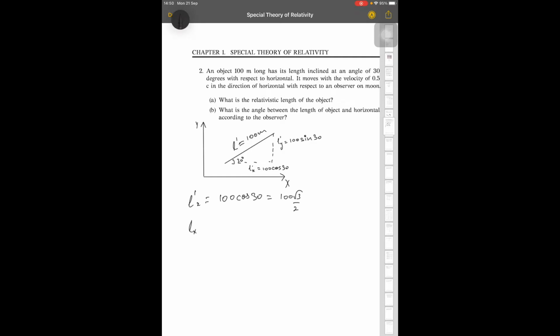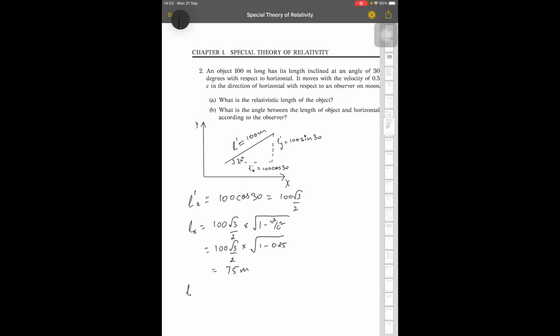Now Lx equals 100 root 3 by 2 into root of 1 minus v square by c square. When we plug in the value for v, we get 100 root 3 by 2 into root of 1 minus 0.25, since we have 0.5 c, which will give us around 75 meters.